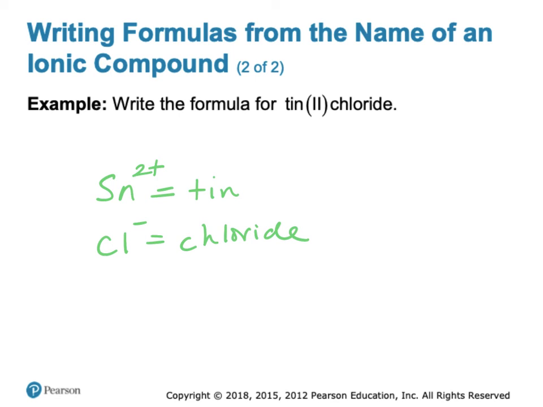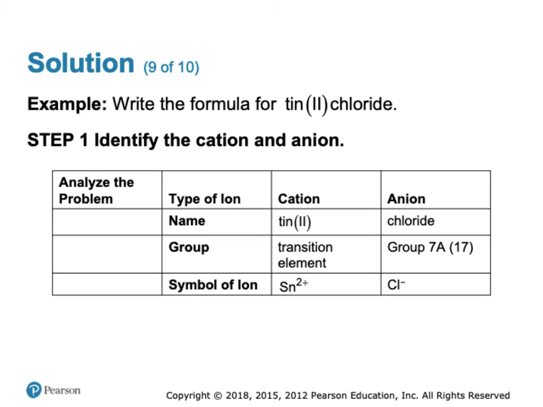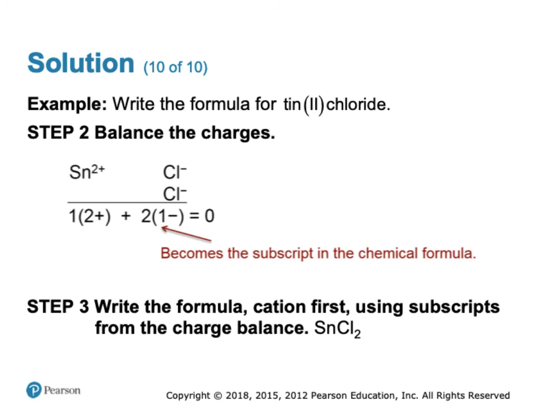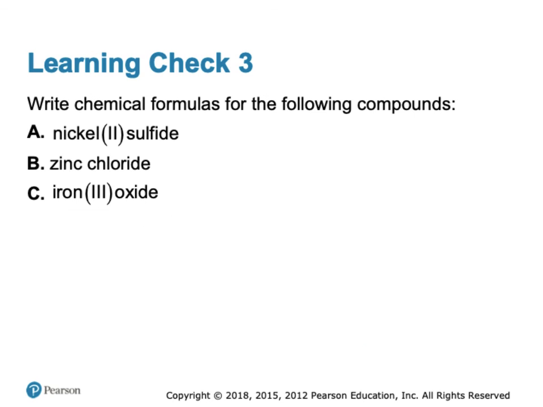The symbol for tin is Sn, and because there's a 2 here, we know the charge is 2+. We have chloride. We know that chlorine is in group 7A and always forms a -1 anion. So when we write the formula, we have to balance the charge, so it would be SnCl2. This table is just summarizing what I wrote down, and your formula with the balanced charges will be SnCl2.